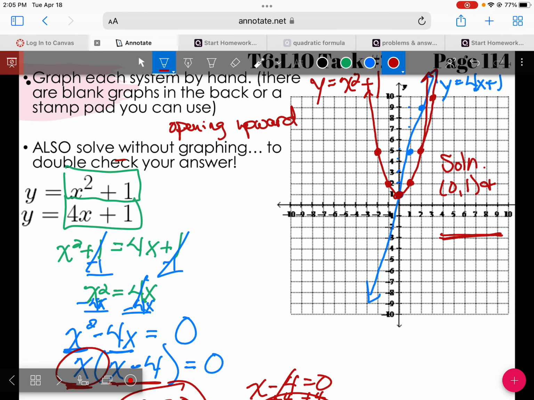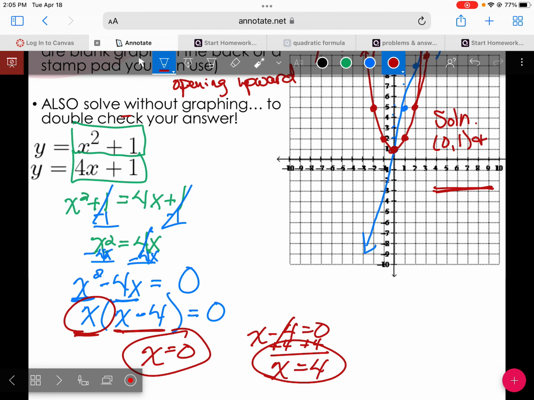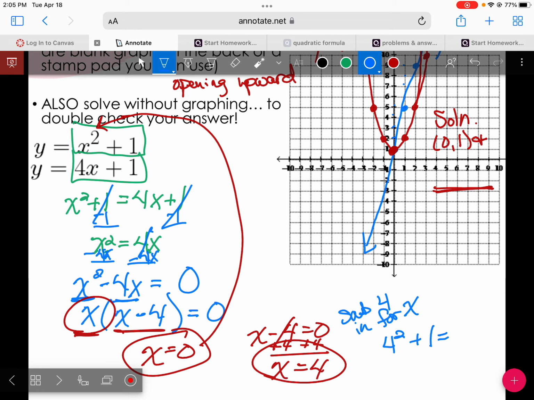So at x equals 0, if you substitute 0 back in for both of these, you're going to get 1 and 1. So 0, 1, that is one clear solution. If x is equal to 4, substitute 4 in for x, and we get 4 squared plus 1. 16 plus 1 is 17, and 4 times 4 plus 1 is 17.